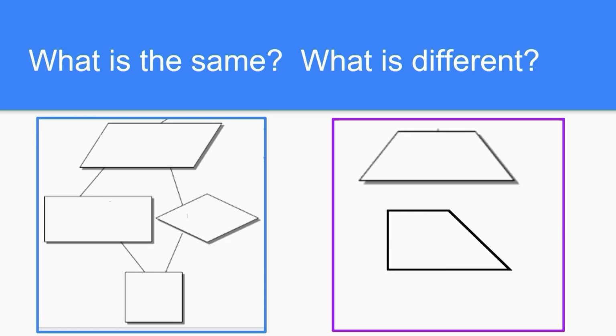Look at the shapes in these 2 boxes. How are they the same? How are they different?